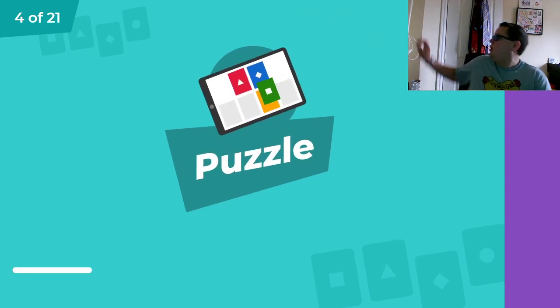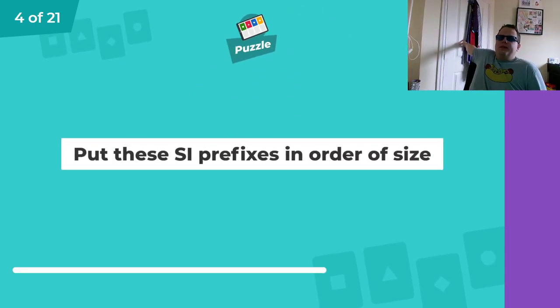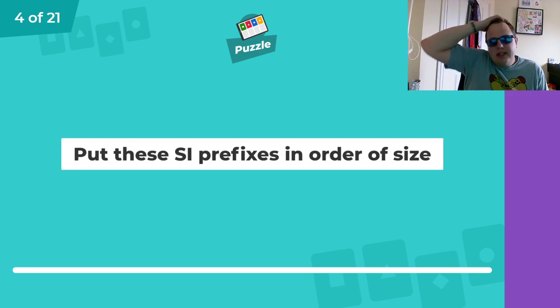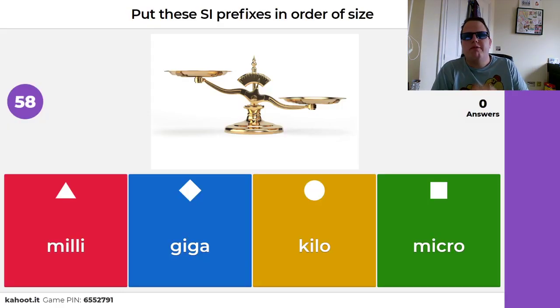Okay, right, question 4. Put these SI prefixes in order of size. Remember, these are the things that go in front of our units. So put them in size from the smallest to the biggest.